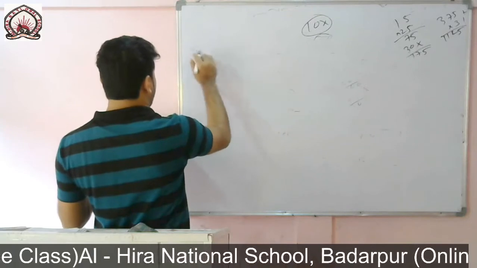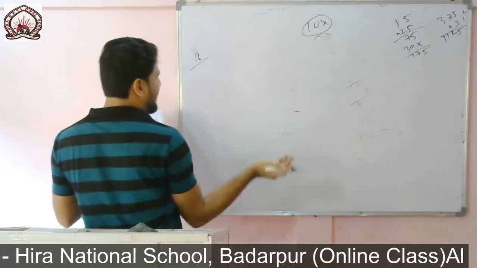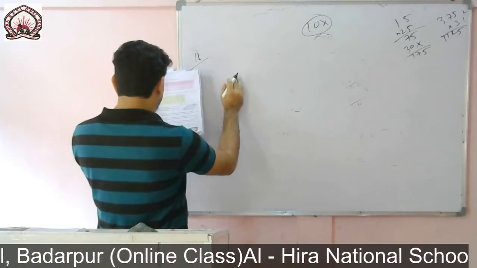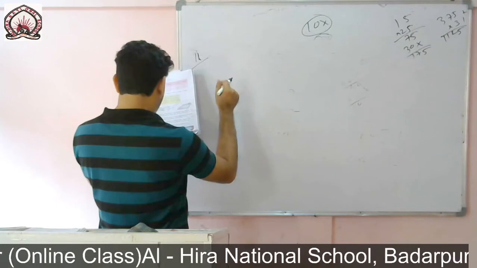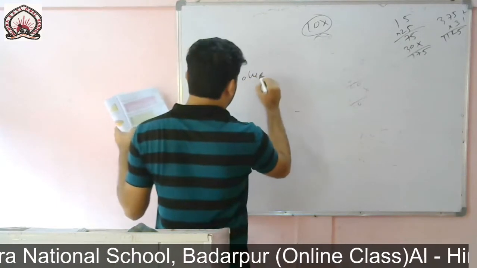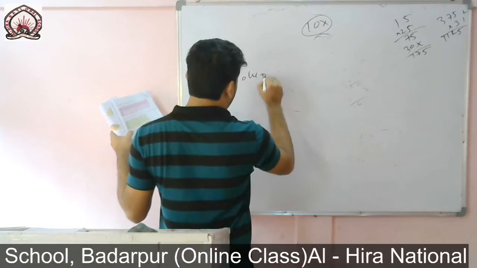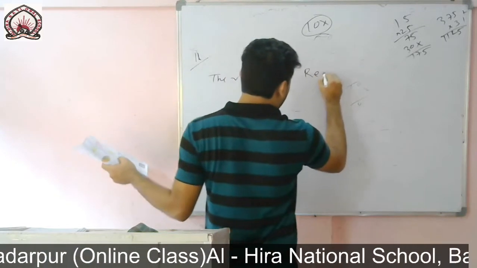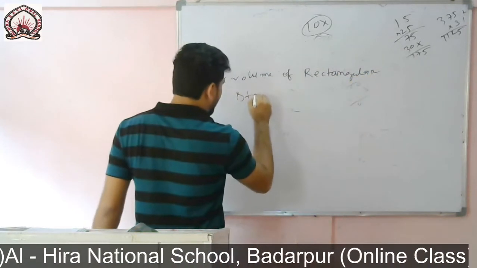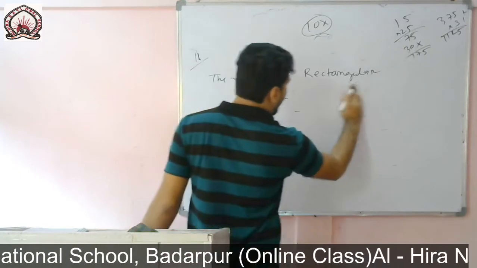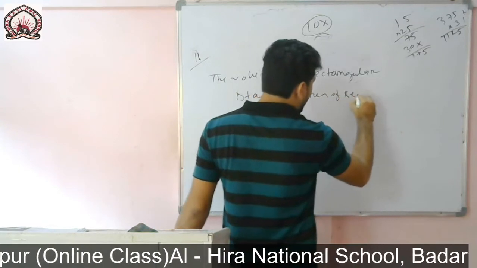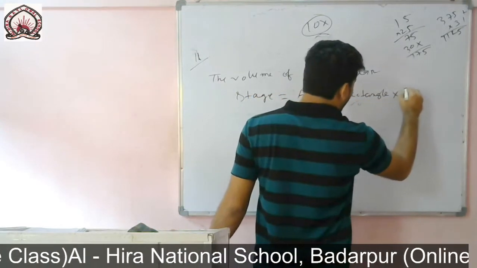Earlier was question number 10, now come to question number 11. So it will be like this. You see, the volume of the rectangular stage equals area of rectangle into height.